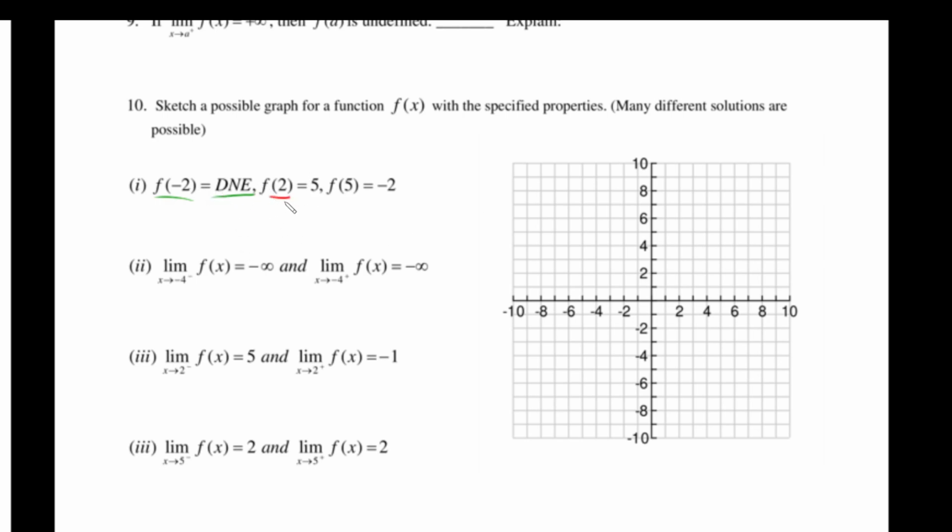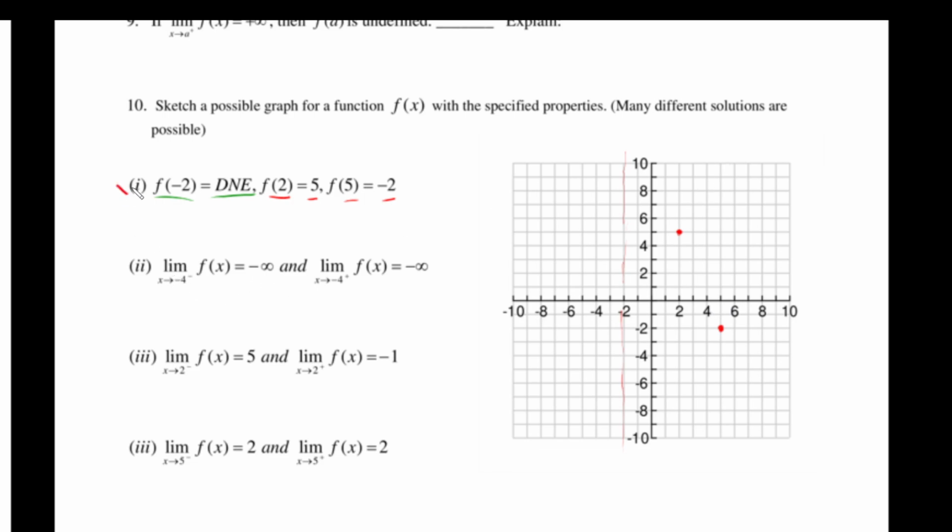The function of 2 equals 5. The function of 5 equals -2. So these are specific points that I have to fill out. That means at -2, we'll draw an asymptote here, so we're saying this value will not exist. The function of 2 will equal 5, we'll draw a point right there. The function of 5 will equal -2, a point right there.